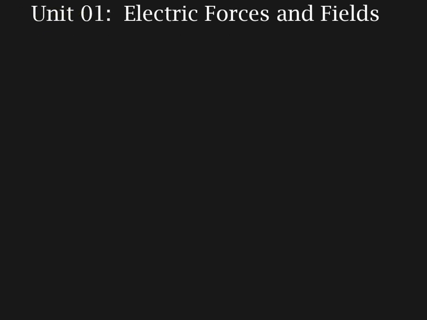Okay, now let's take a look at the ways that we can charge. And there are three ways. The first way of charging is by friction. And typically this is going to be insulating materials that we're charging up.